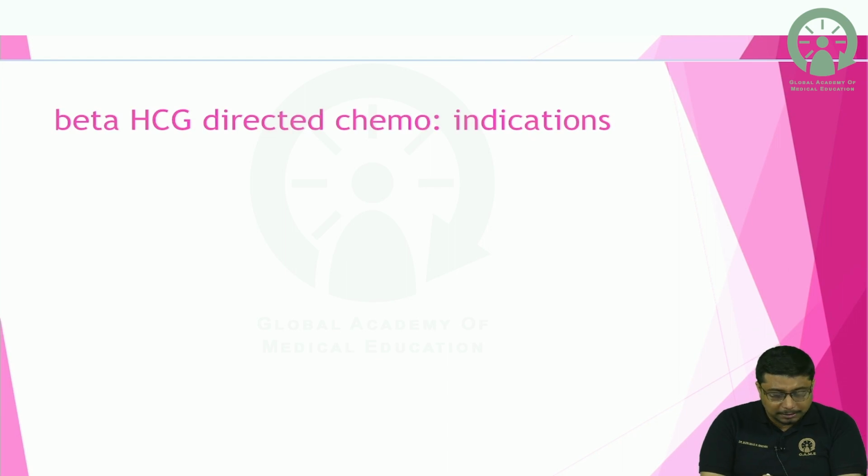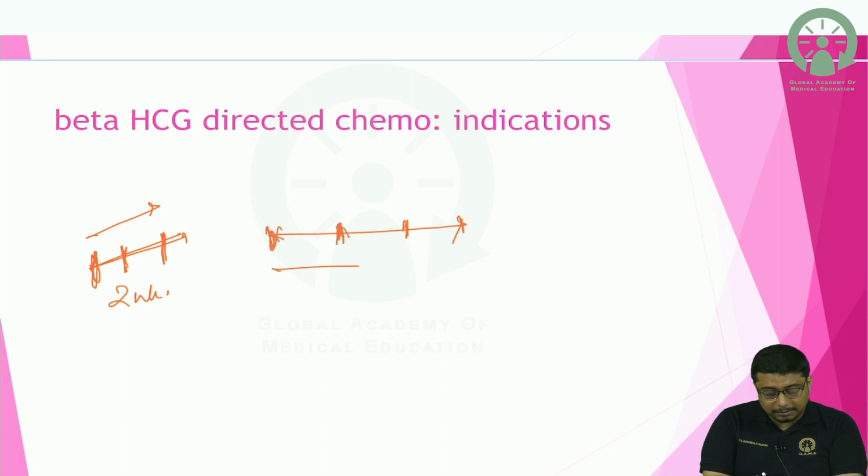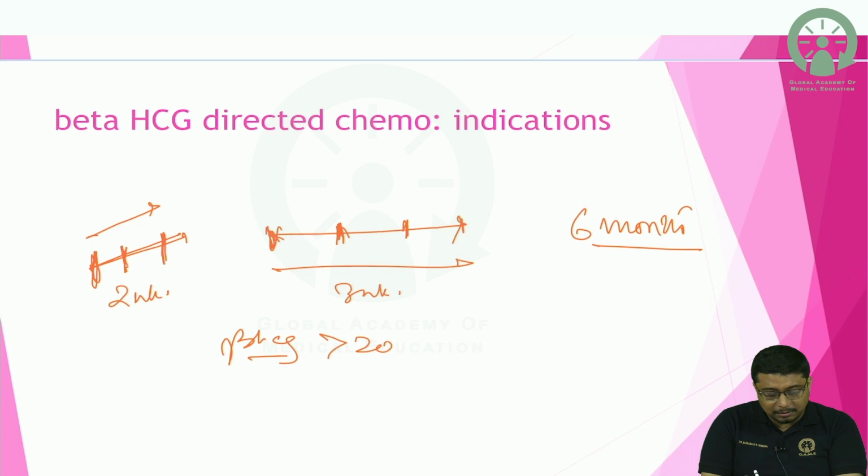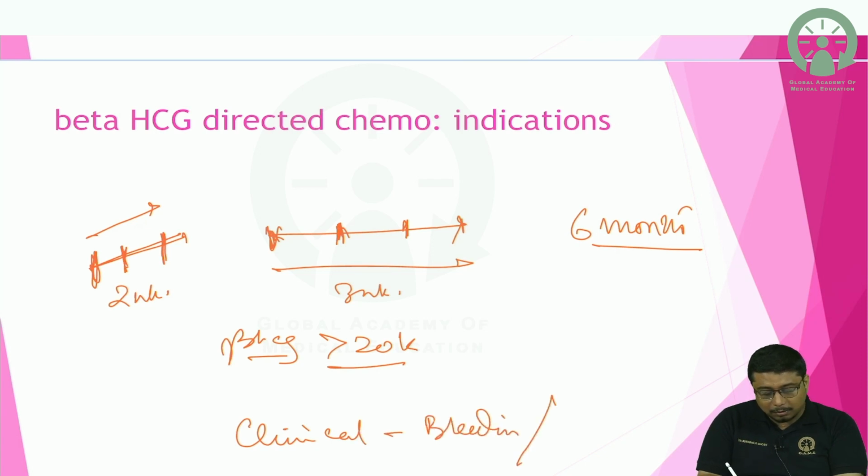So when to do chemotherapy? When there is a beta HCG rise over 3 values, that is 2 weeks, or beta HCG plateaus over 4 values, that is 3 weeks, or persistent beta HCG after 6 months, or beta HCG is above 20,000 at any point of time, or there are clinical indications like bleeding or a lung lesion or a vaginal lesion.